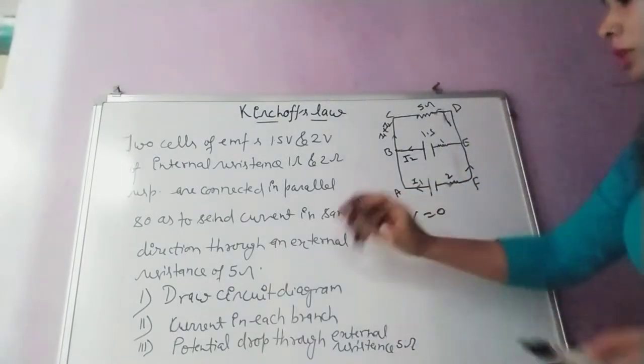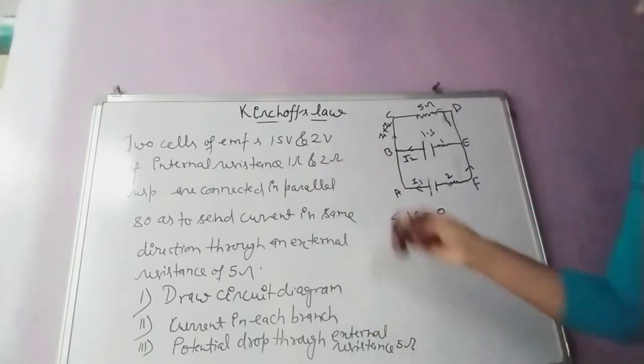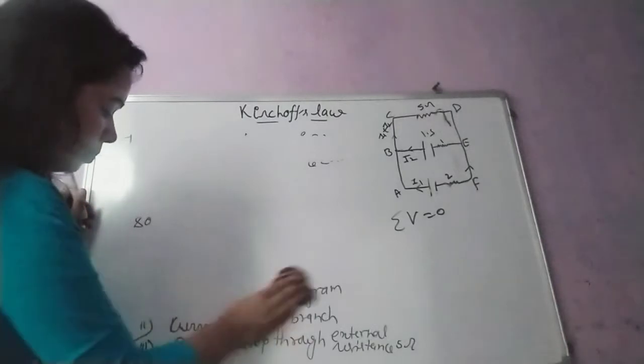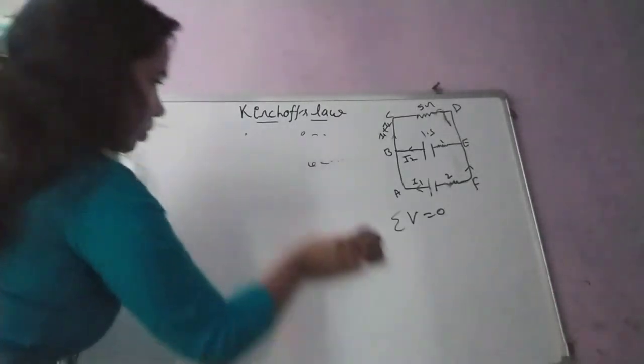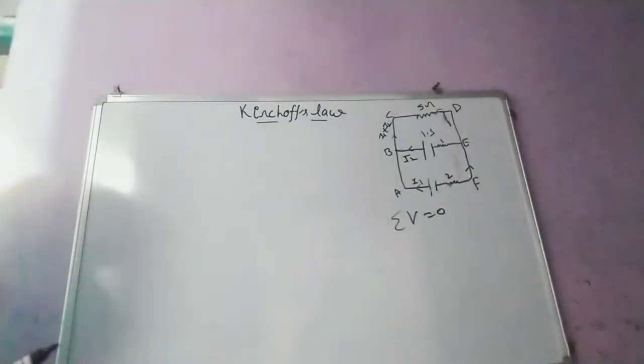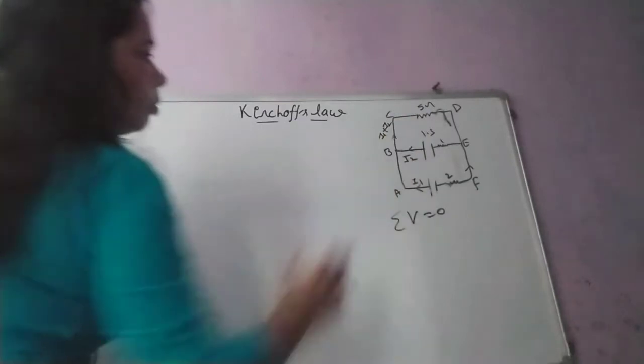So shall I remove this side? The question you have already read and written. So I am using this side. First of all you should understand what the rules are to solve any question.